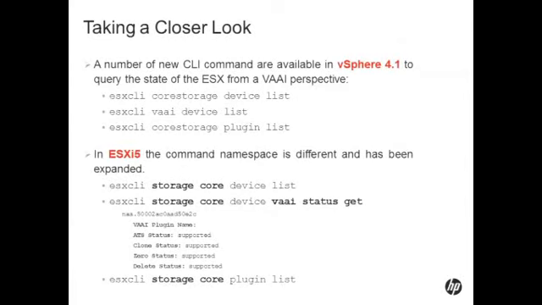I thought it was really cool because in ESX 4.1 I only had two options. I could tell VAAI was on, or I could tell VAAI was off. But I couldn't tell the granularity of all primitives that were supported. With ESX 5, it actually tells me, right down here, that ATS is supported, cloning is supported, zeroing is supported, delete status, meaning unmap, is supported, which is kind of cool.